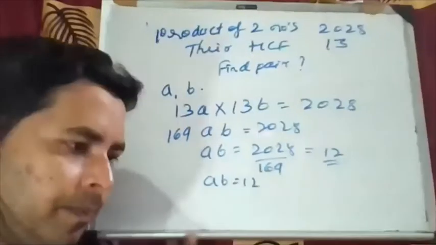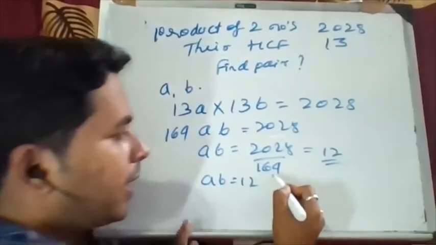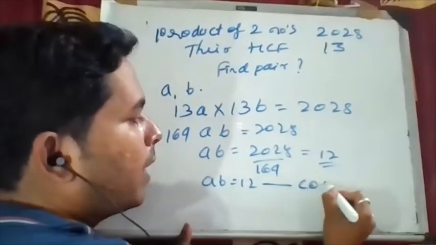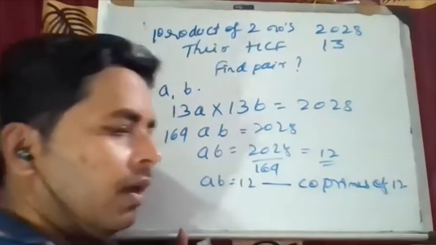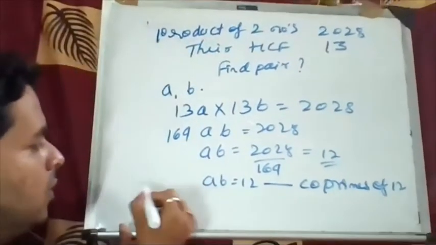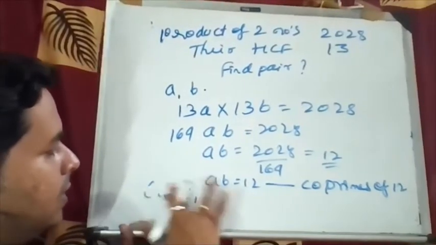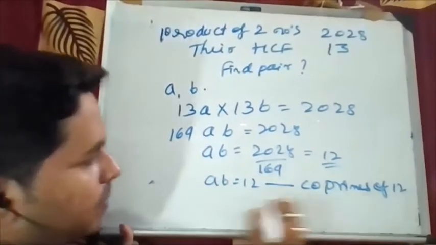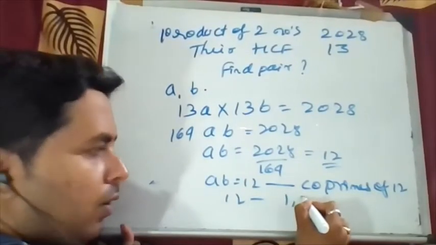So आपको AB क्या मिलेगा? 12 मिलेगा. So 12 का क्या करना है? Find the co-primes of 12. Co-primes of 12 are what? First, I'll just find the co-primes. Co-primes of 12 are 1, 12.